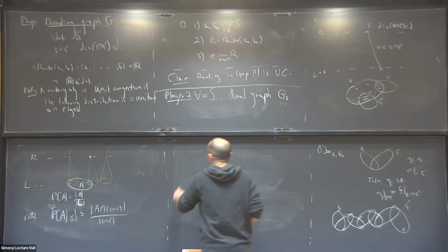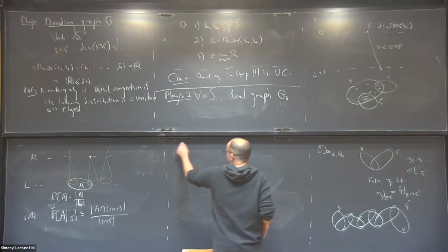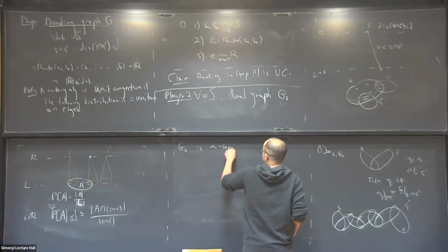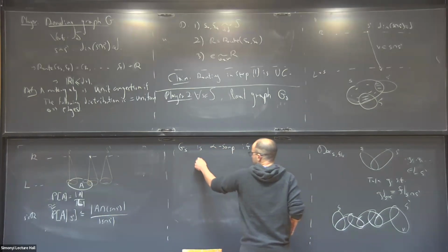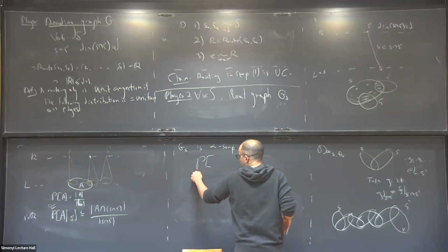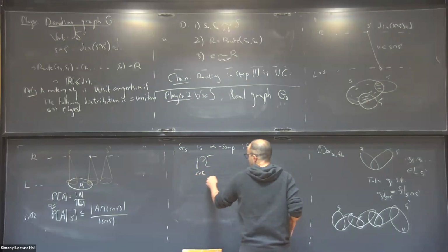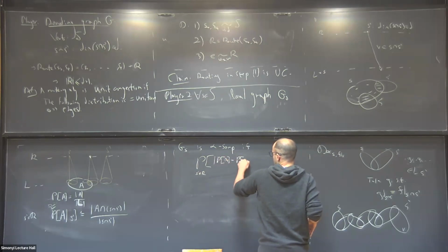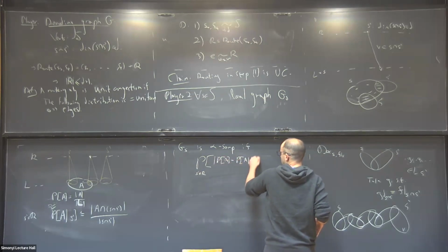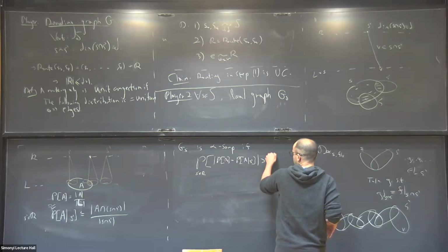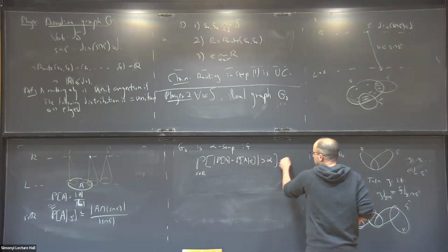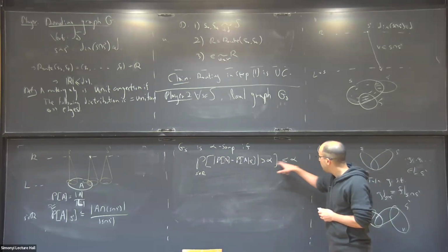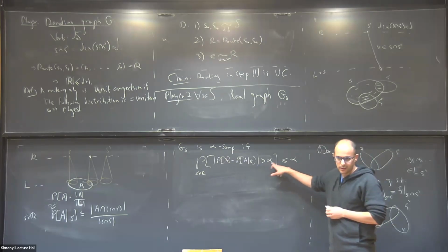So formally, you say that some graph, or specifically GS, is an alpha sampler if the number of S prime in the right-hand side, where A and A in the neighborhood of S prime differ more than alpha, is at most alpha. I'm using alpha as this small quantity that appears both inside and outside.